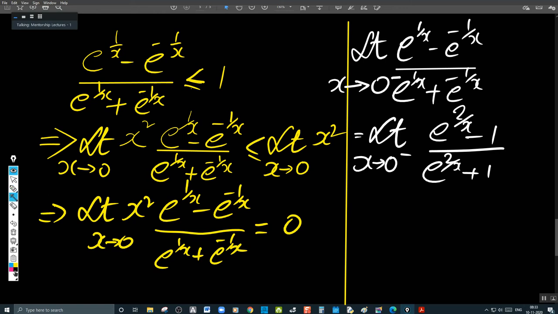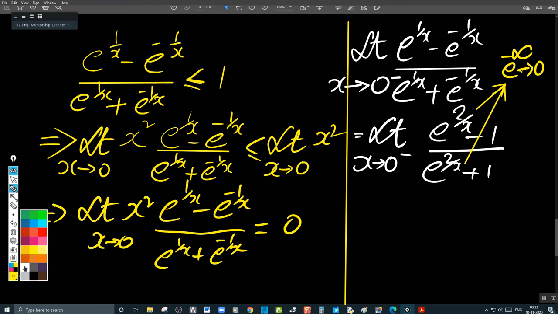What is e power minus infinity value? 0. 1 by infinity is 0. So that becomes 0. And your left-handed limit becomes minus 1 by 1, which is minus 1. Keep it like that. Similarly, this is LHL.